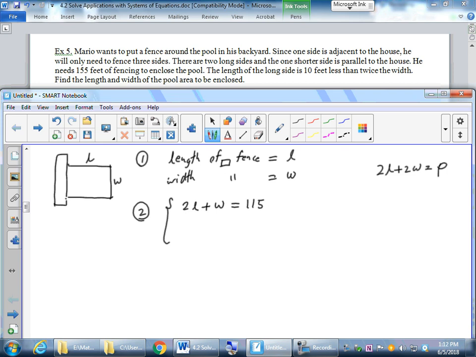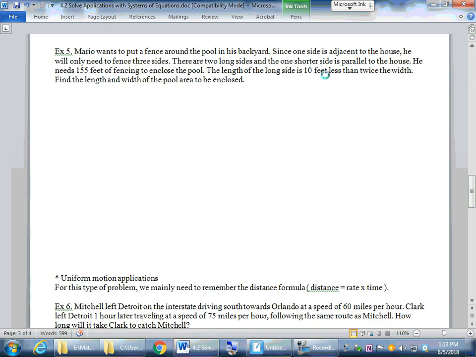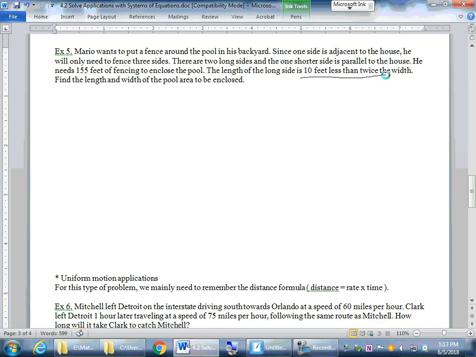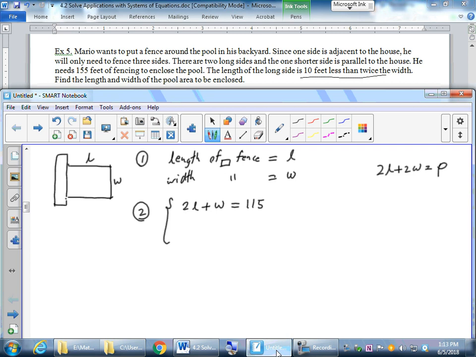That is the perimeter. And the second equation allows us to set it up by the relation between these two unknowns, like in the previous two examples. So notice that the length of the long side is 10 feet less than twice the width. So that's a relation between the length and the width. So the length is basically equal to twice the width and then 10 feet less.